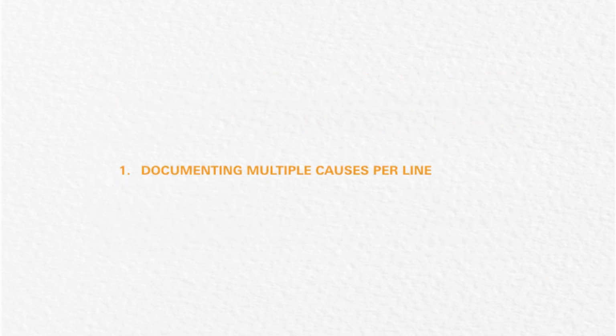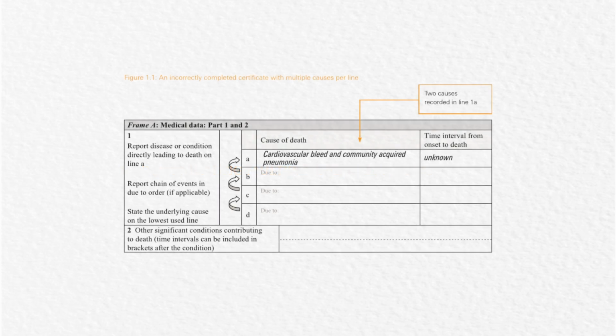Number 1. Documenting multiple causes per line. As you can see in this example, 2 causes, cardiovascular bleed and community acquired pneumonia, have both been entered into the space. Also, the time interval from onset to death of the patient is not specified.